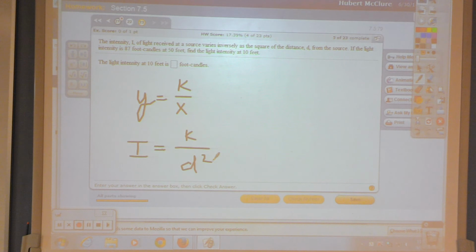How come it's D squared? You tell me. It's the square of the distance. Because what does the sentence say? The first half of the problem. What does it say? Intensity I of light received at a source varies inversely as the square of the distance d. The square. And I told you, when you see the square of, that means not square root, it means what? Squared.